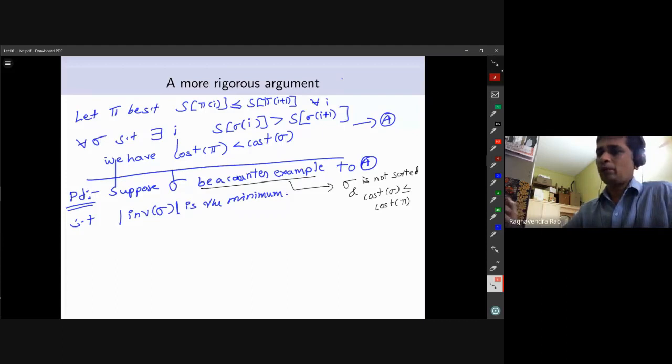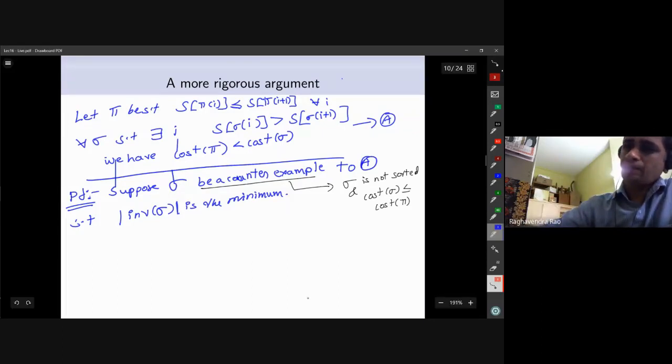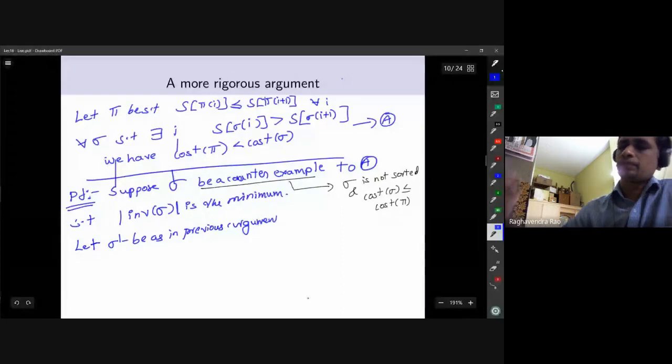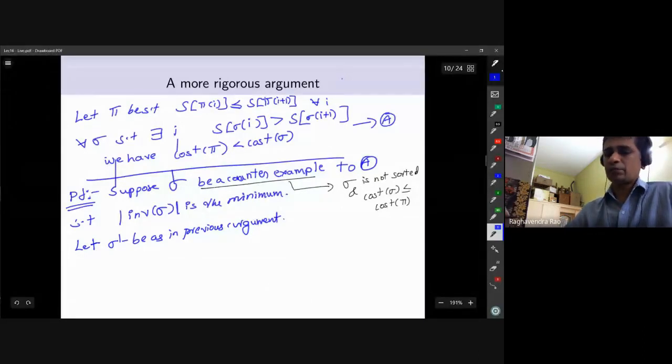Okay, so now what do we do? Now we can use our previous argument. Let sigma prime be as above, as in the previous argument. We are actually improvising that previous argument. What do we have with respect to sigma prime?